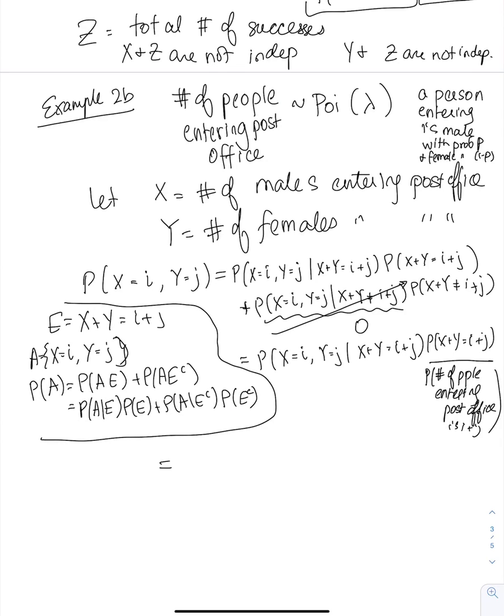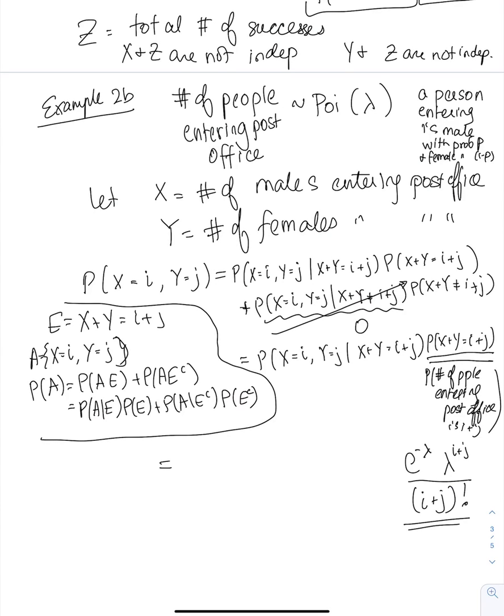So how do we write that? That is a Poisson random variable with parameter lambda. So you know that that part will be e to the minus lambda, lambda to the i plus j divided by i plus j factorial.